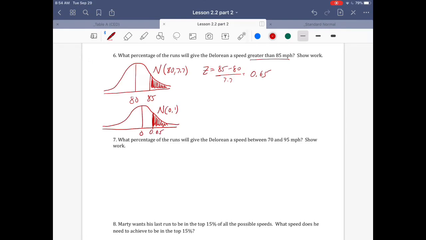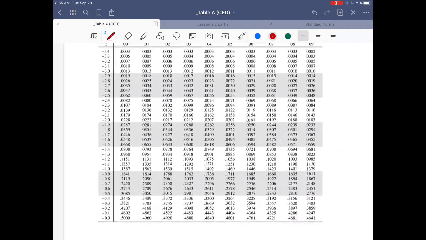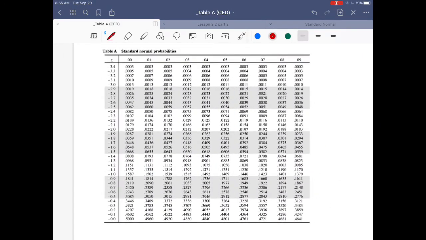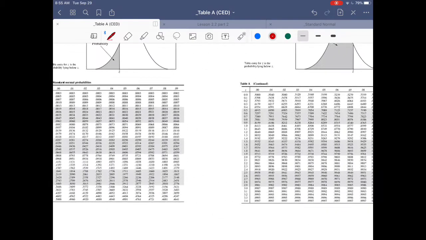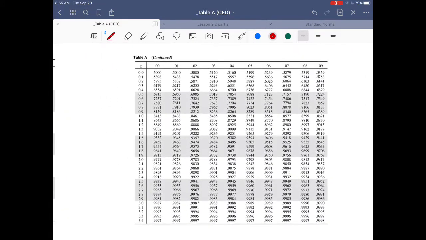And now we'll go ahead and find 0.65 on Table A. So what you notice is the left-hand data is the negatives, the right-hand data is the positives. So here's 0.65. And so go ahead and pull this number right here, 0.7422.